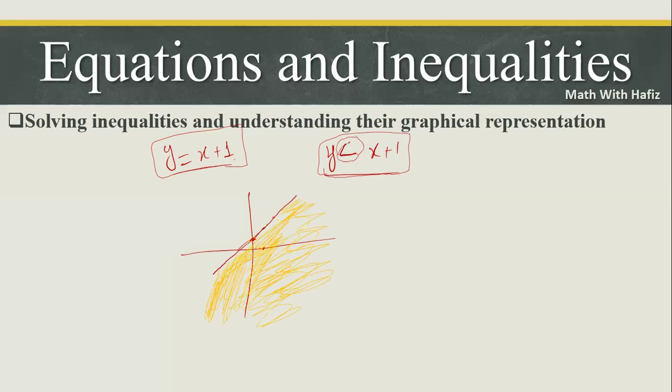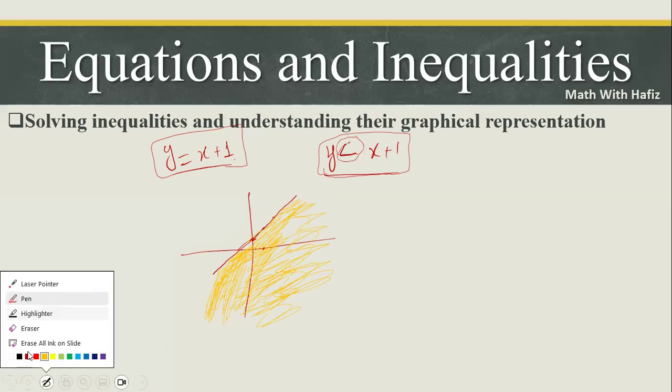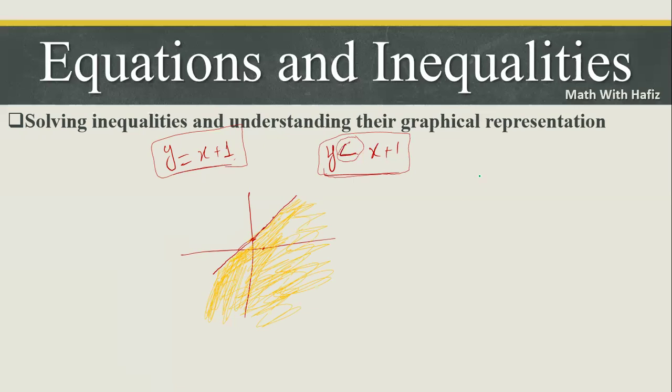If it was y greater than x plus 1, then all the graph above this line, because the values of y are greater above this line, is the solution of this inequality.